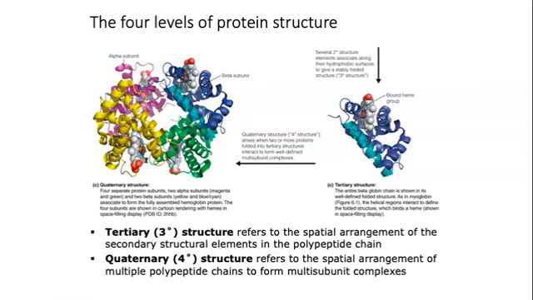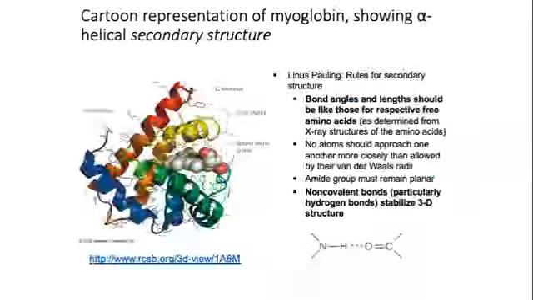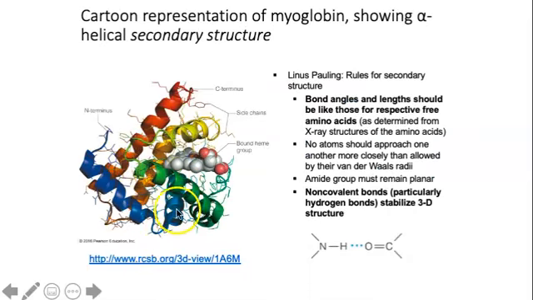If we go back to Linus Pauling's rules, he determined a set of rules that characterize what composes secondary structure. According to these rules, bond angles and lengths should be similar to those of respective free amino acids. So there's no real difference in the freedom of motion between amino acids that are free in solution and the forms they can take when they're in long polypeptide chains.